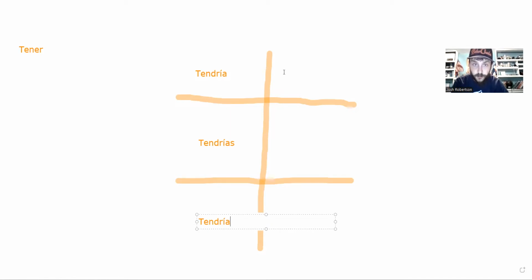And in the plural form, nosotros y nosotras tendríamos. See that? Vosotros y vosotras, only used in Spain. Tendríais. Ellos, ellas y ustedes tendrían.